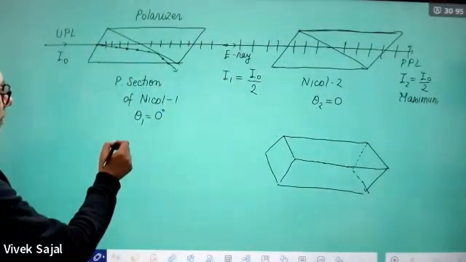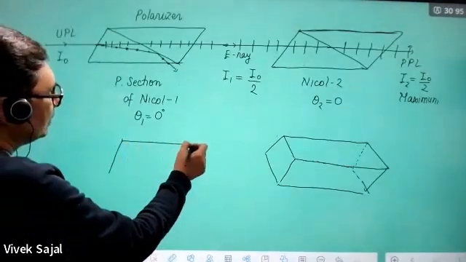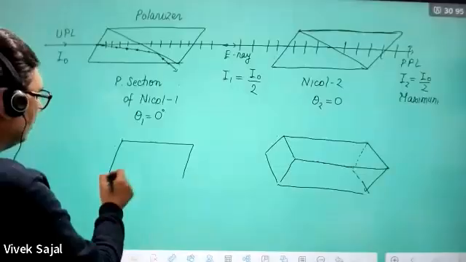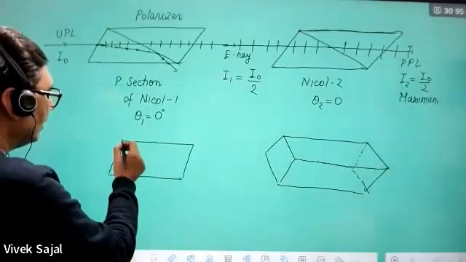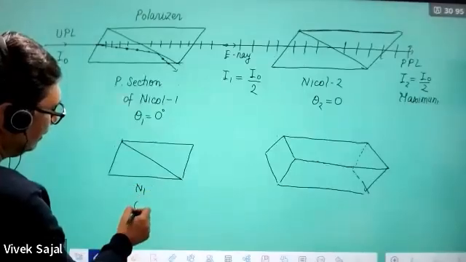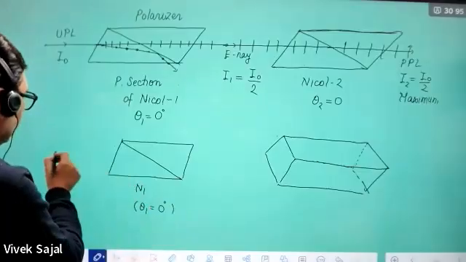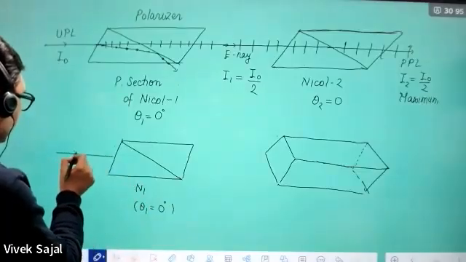So what is happening here? This is the polarizer, Nicol 1, N1. Both are identical. Here theta 1 is 0 degrees. Here unpolarized light was incident.